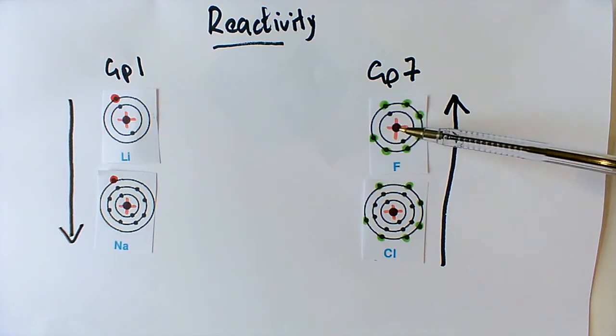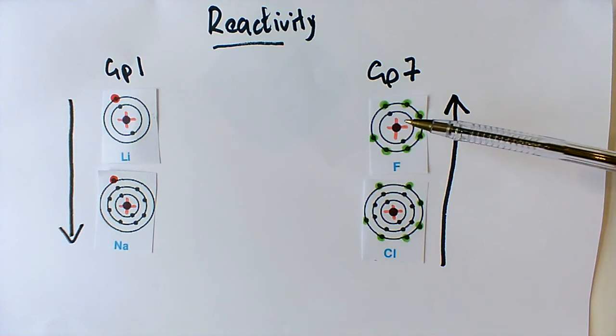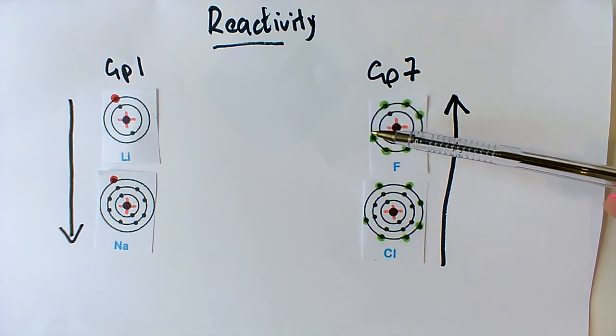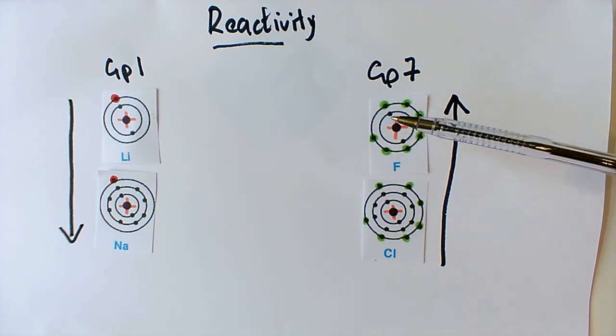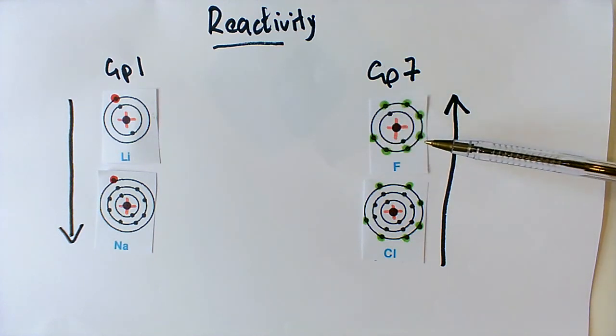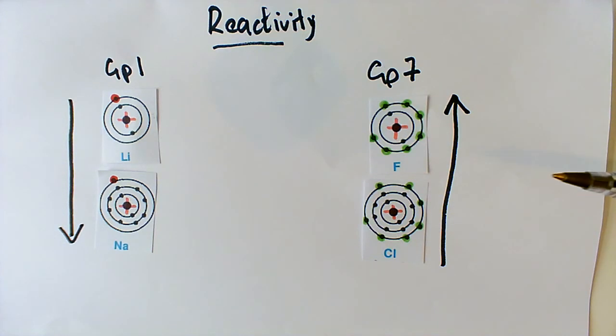So if we look at fluorine and chlorine, you've got to ask yourself, what is easier? Is it easier to lose all 7 electrons to reveal a full outer shell underneath, or is it easier to gain 1 electron and complete the shell that they already have? Well, of course, it's easier to gain an electron.